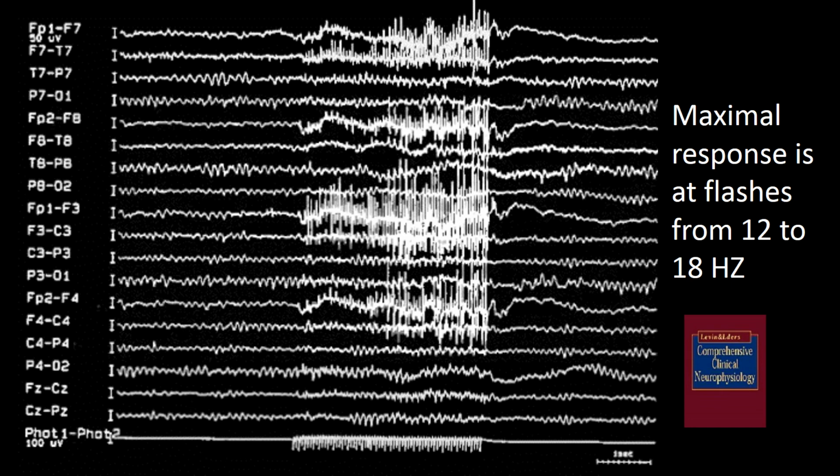The maximal response to photomyogenic artifacts is when the flash is being flickered at 12 to 18 Hz. It is important to stress that the artifact ends shortly after the flash ends. That is, it should last just a few milliseconds after the last flash.